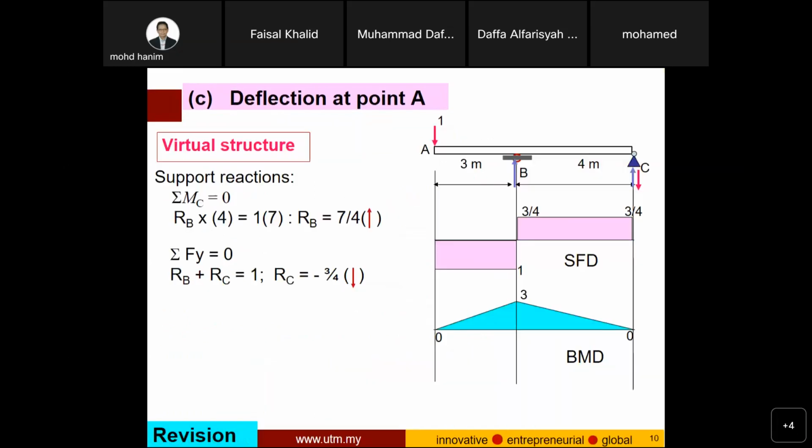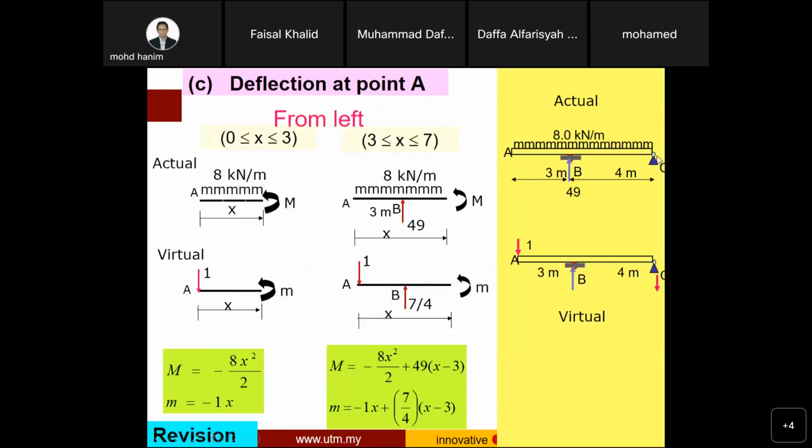Now this beam is divided into two parts, AB and BC. We will calculate the energy, the work done, on both AB and BC, where x is between 0 and 3, and x is between 3 and 7.